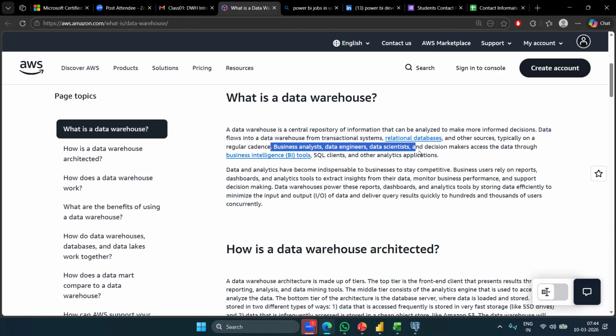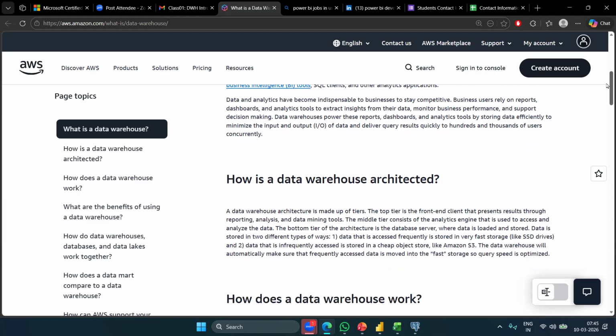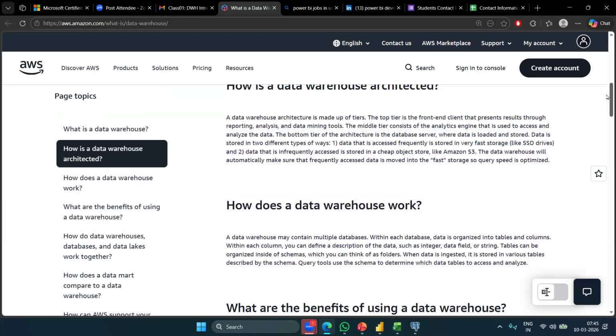Business analysts, data engineers, data scientists, and decision makers access the data through BI tools, SQL clients, and different things. Let us become a business analyst and work with data engineers and data scientists. As simple as it is, clear with our objective.